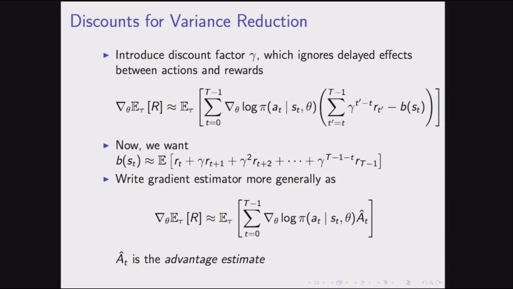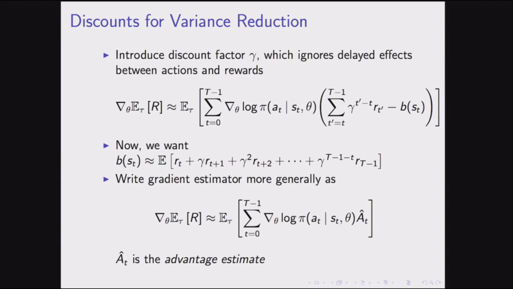It has a more precise definition, which is how much better was this action than the average action taken by the policy. But informally, this just means how much better was the action than expected.